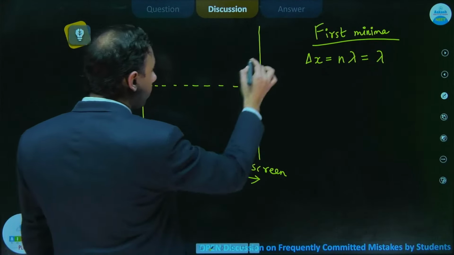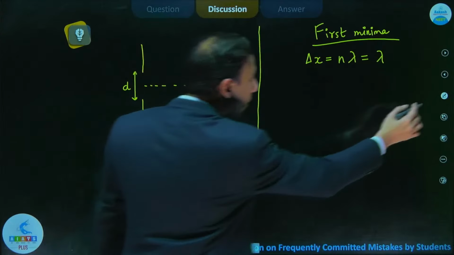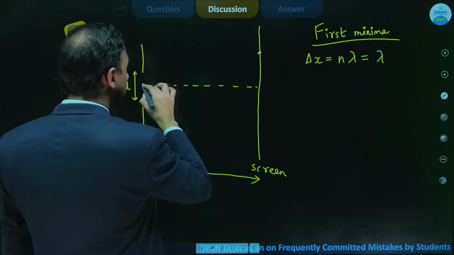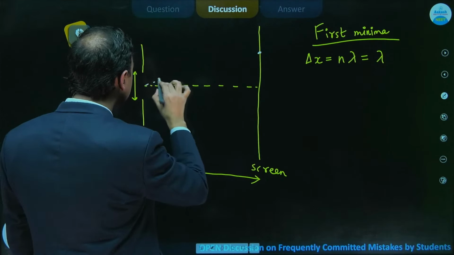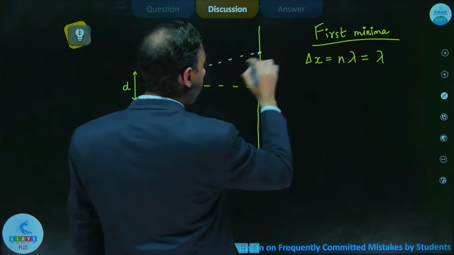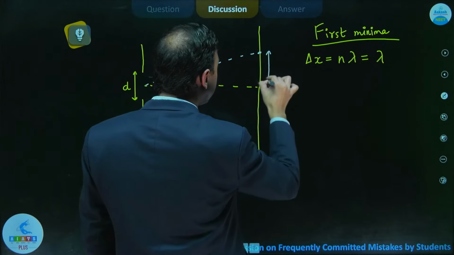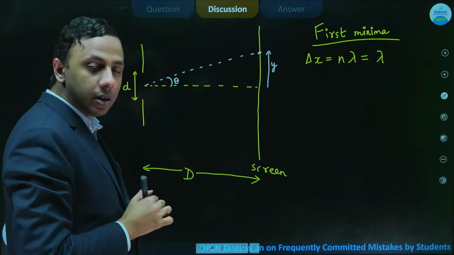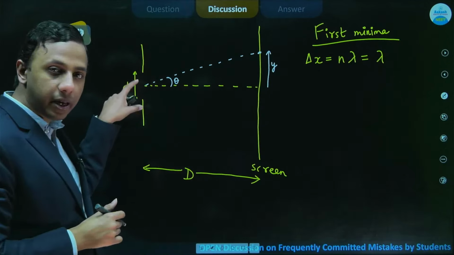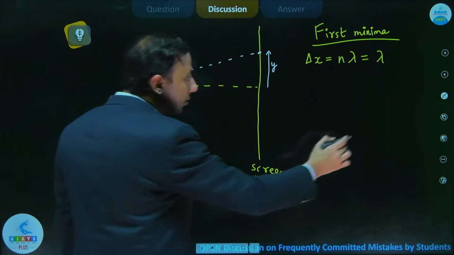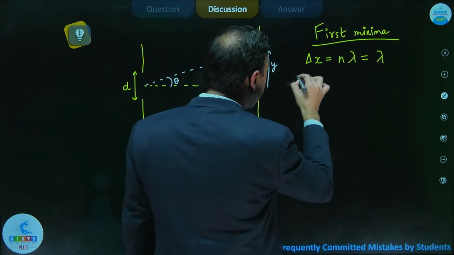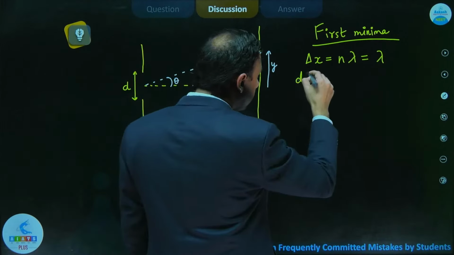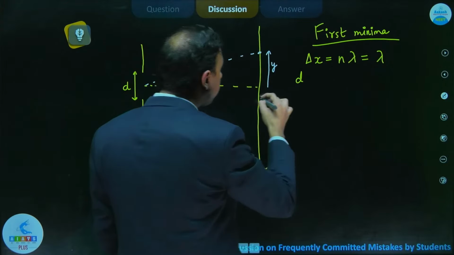So let's draw a rough diagram once again. This is your y, this is your theta. So delta x is d sin theta, but sin theta can be approximated as tan theta, approximately tan theta.